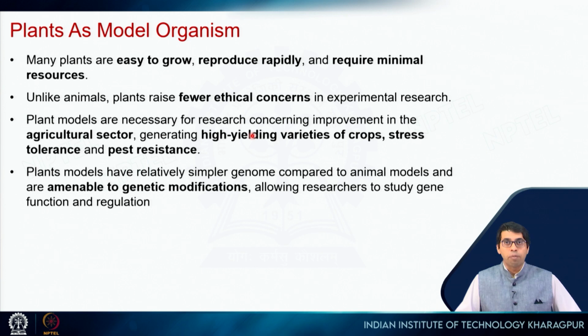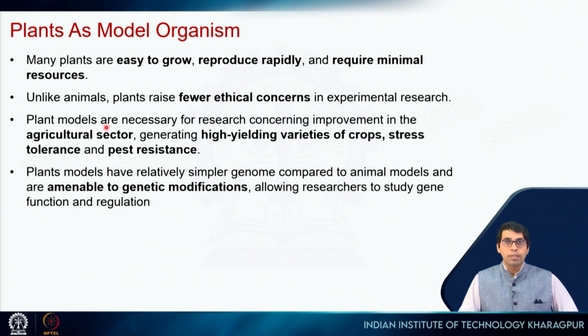Now, mice is one of the model organisms in animals, but there are also model organisms for plants, right? In case of plants, many plants are easy to grow, reproduce rapidly and require minimal resources. So, many plants can be used as model organisms. Unlike animals, plants raise fewer ethical concerns in experimental research.